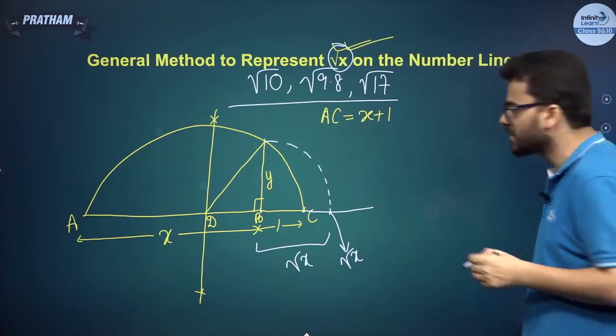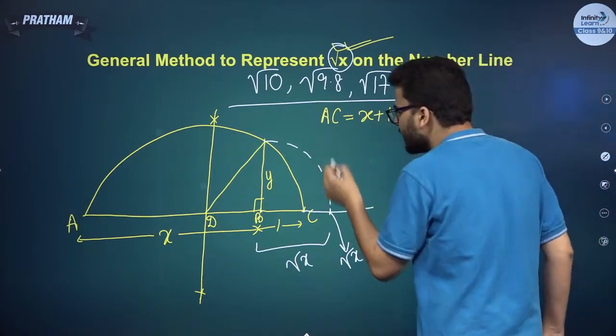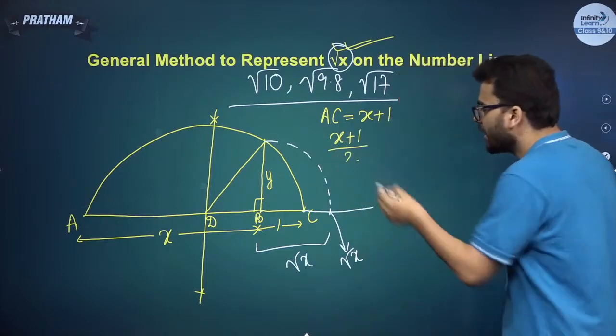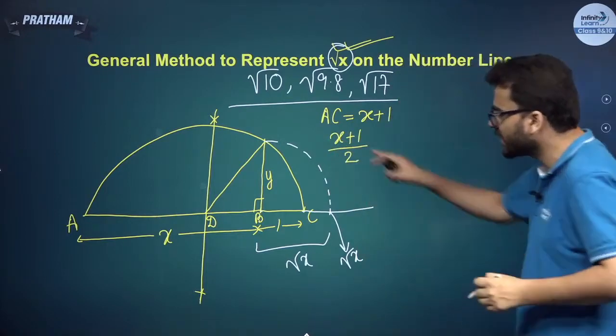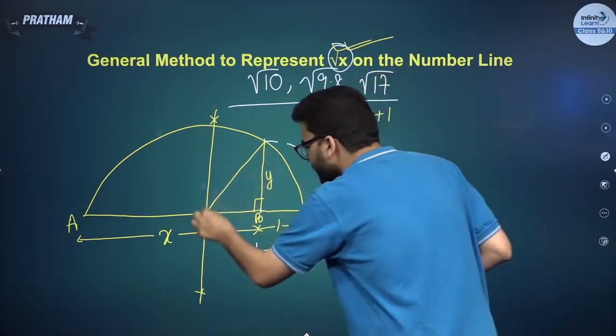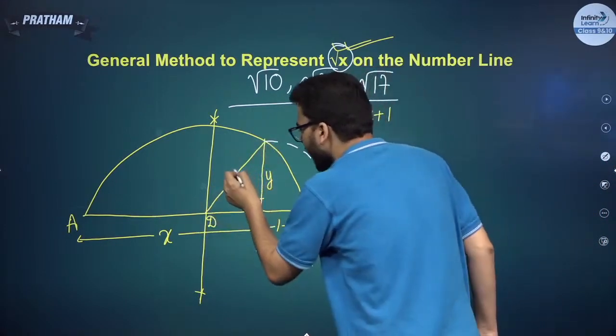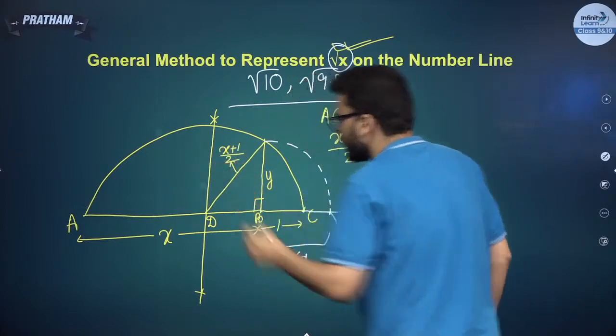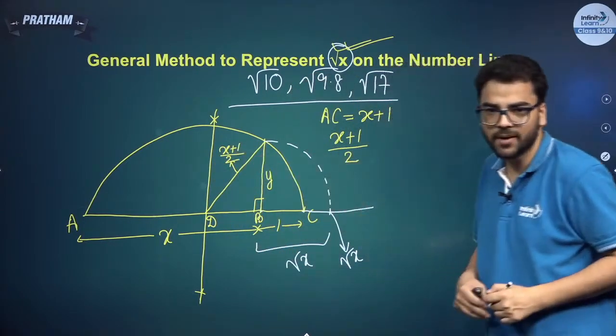So the radius of the semicircle is (x plus 1) by 2 or not. Tell me. Now you see this is also the radius of the same semicircle. So can I not say that this thing is equal to (x plus 1) by 2 as well?